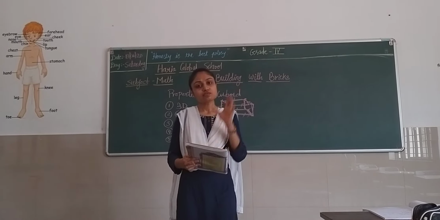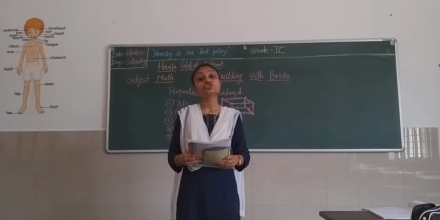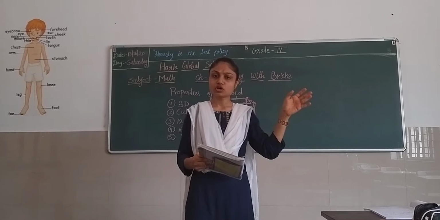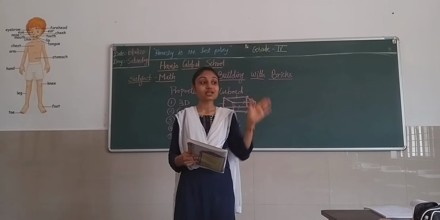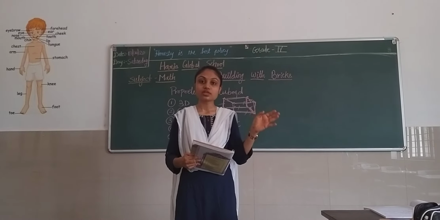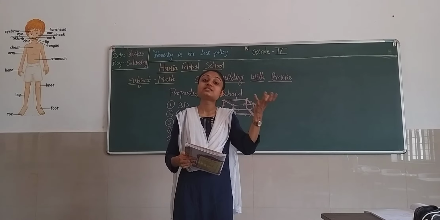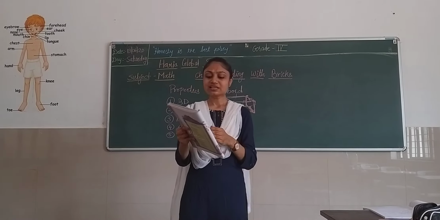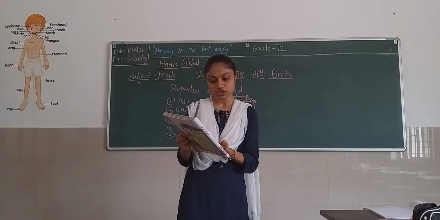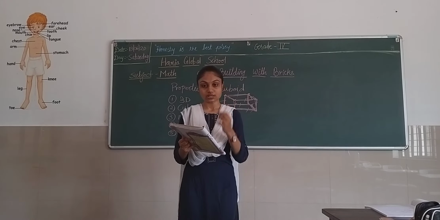Now, there was one tomb of Murshid Ali Khan, which was already made from brick. So they are going to see the structure of that tomb, so that they get some ideas how to build a school. Now you can see this picture given in your textbook, the tomb of Murshid Ali Khan.